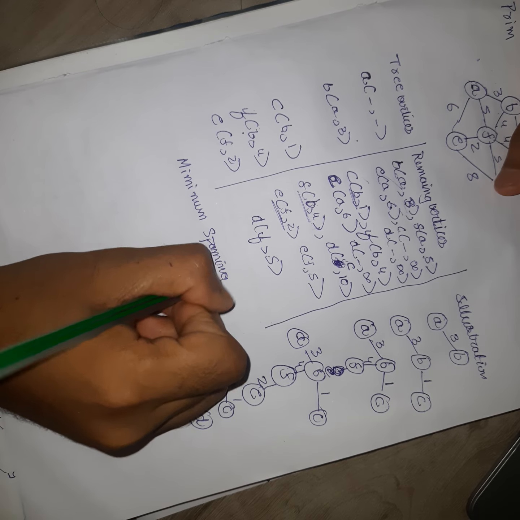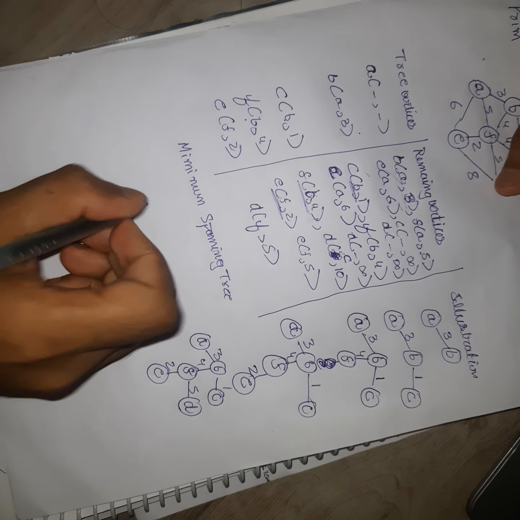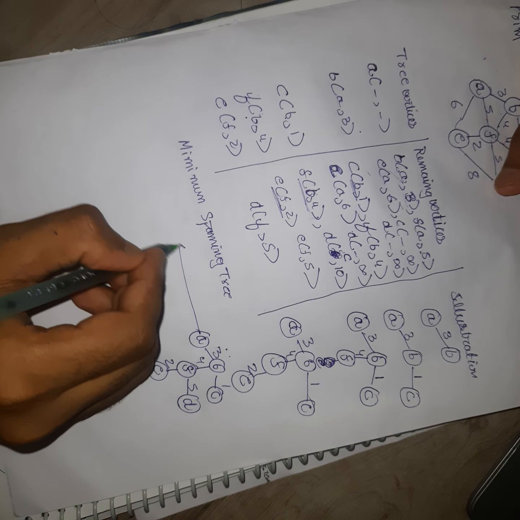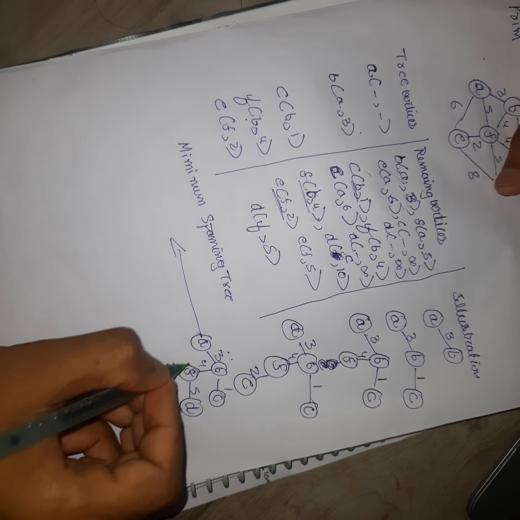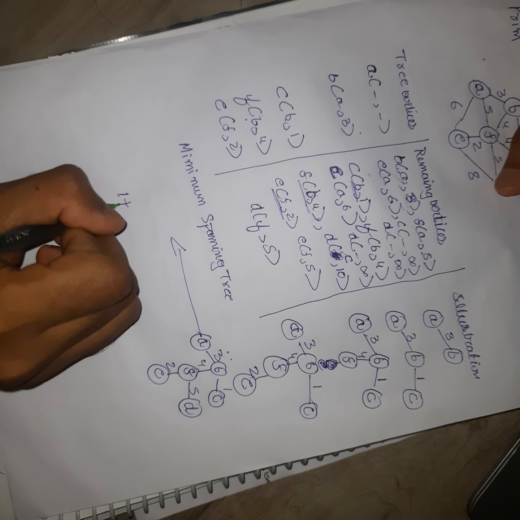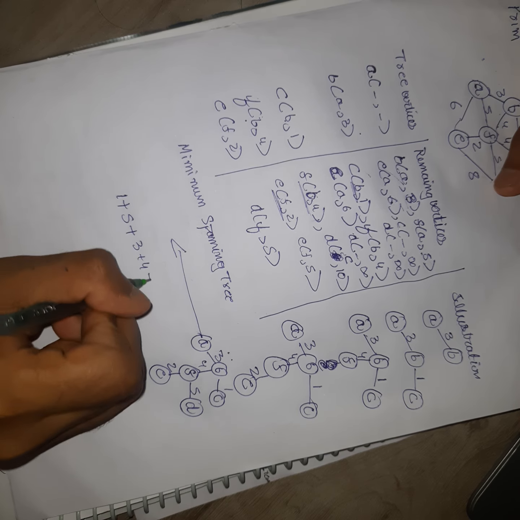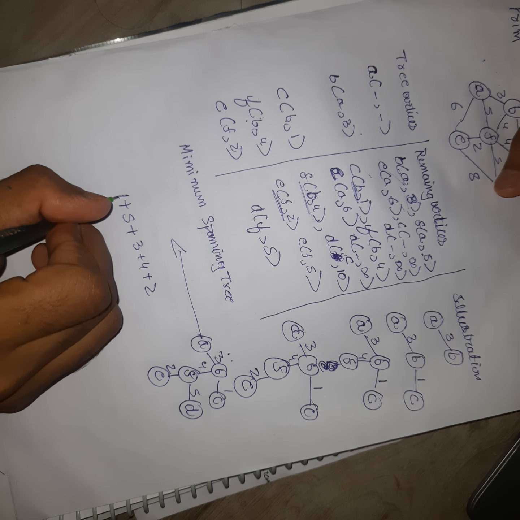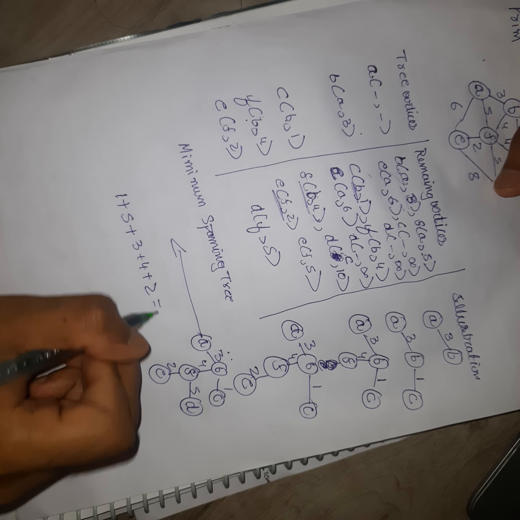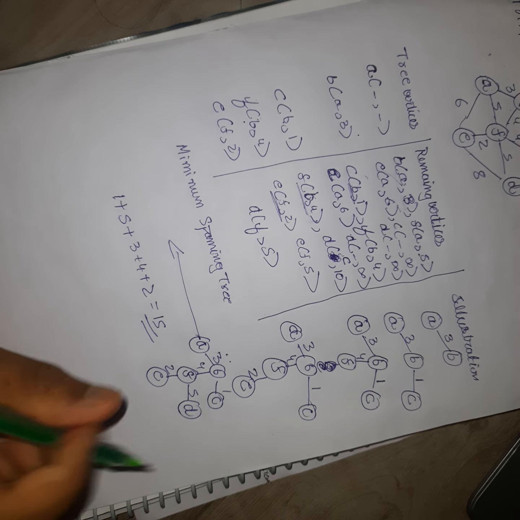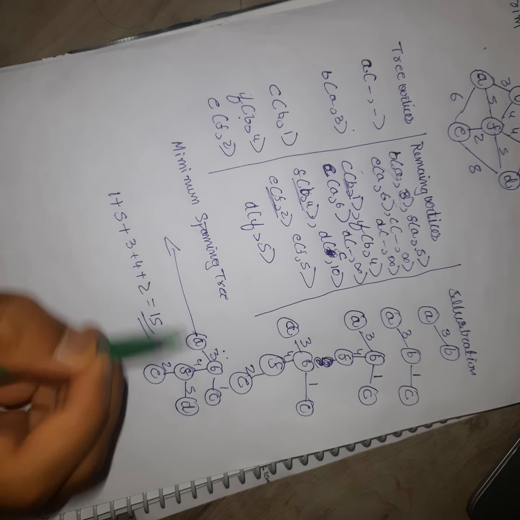Okay, just forget the spelling mistake. Again you should write and just add all of it. What will be 1 plus 5 plus 3 plus 4 plus 2, it will be 5 plus 1 is 6, 6 plus 4 is 10, which is equal to 15, which is the answer. You should write here also minimum spanning tree.